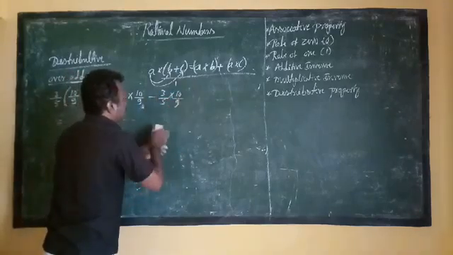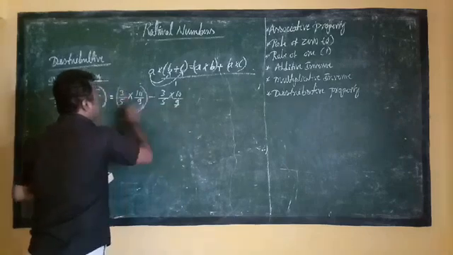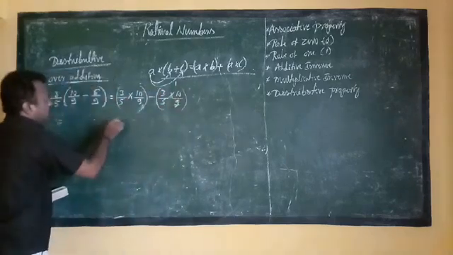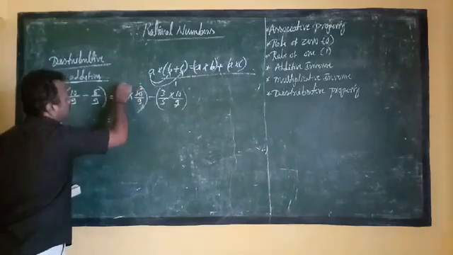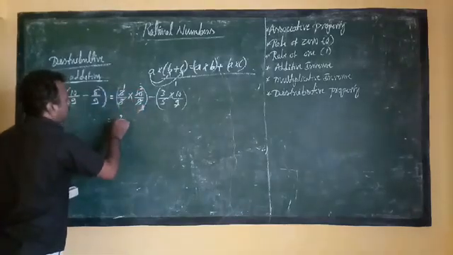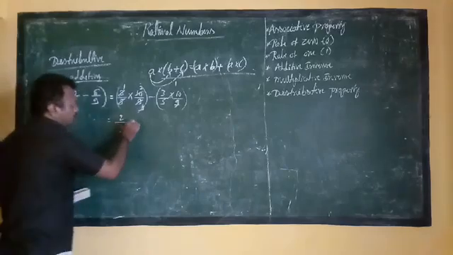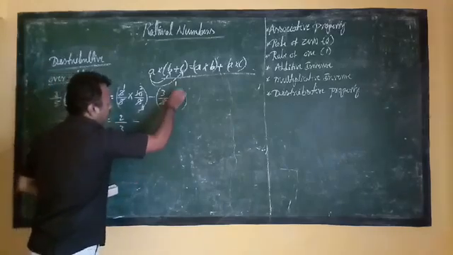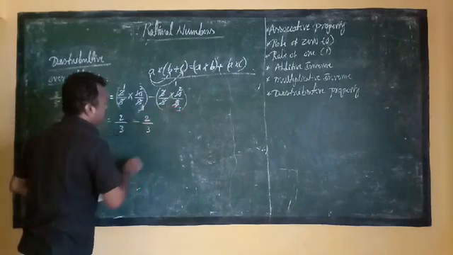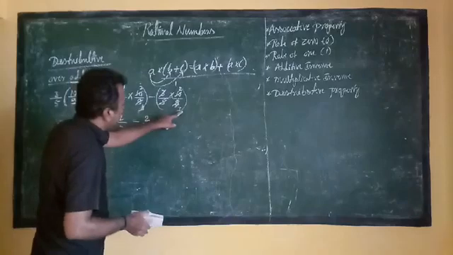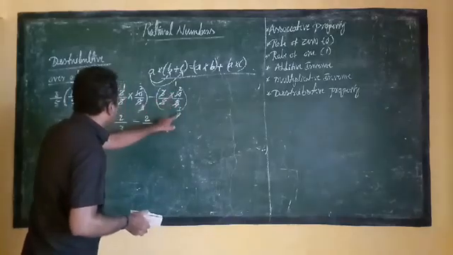So this is one of the sums and this is the other sum. Next, 5 ones are 5, 5 twos are 10, 3 ones are 3, 3 threes are 9. So finally 2 by 3 is remaining. So minus, again 2 by 3.